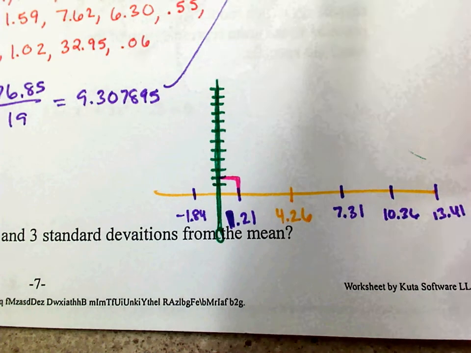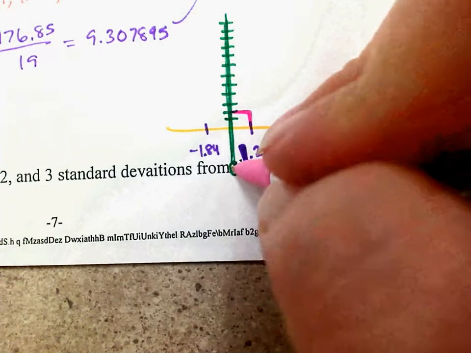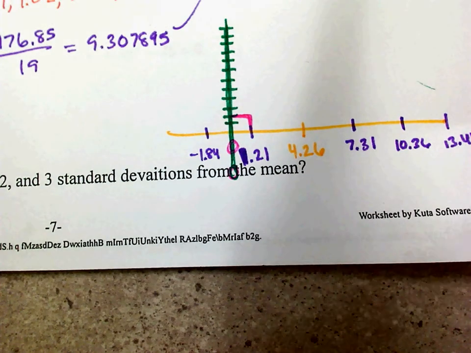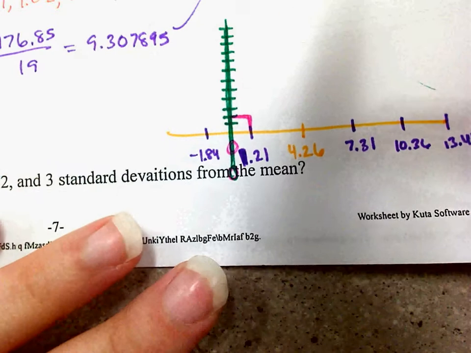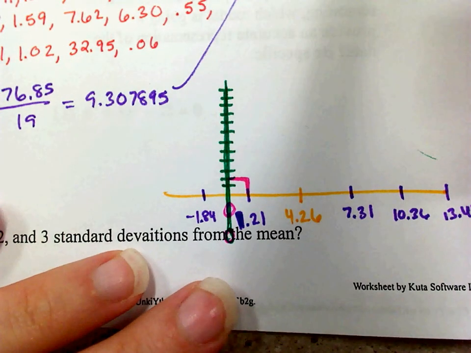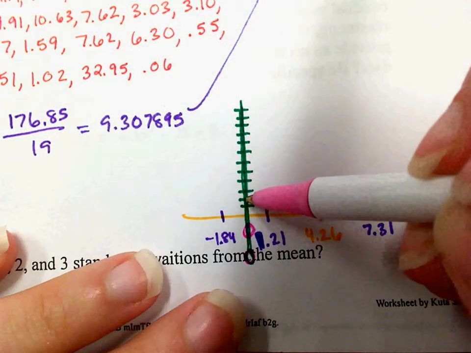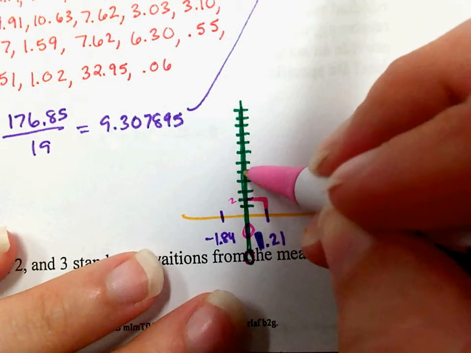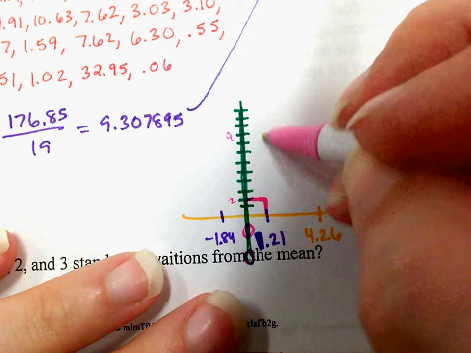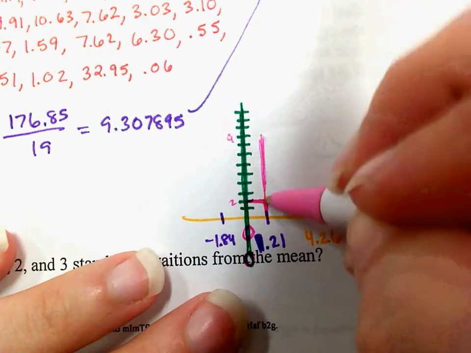Right here. Yeah. The y-axis is going up by 1s. Yeah, guys, I only got 9. Okay. So that's 2, 3, 4, 5, 6, 7, 8, 9. There are 9 animals whose ages are between 1.21 and 4.26.